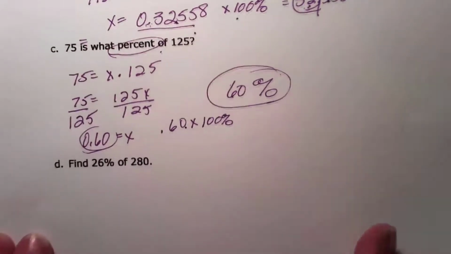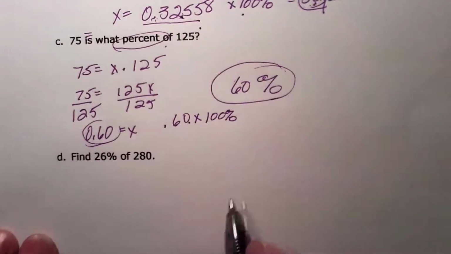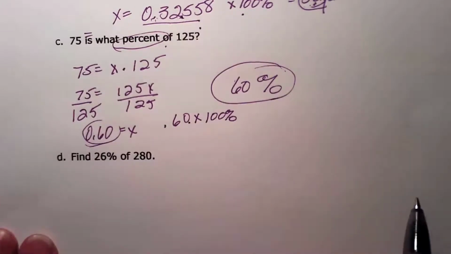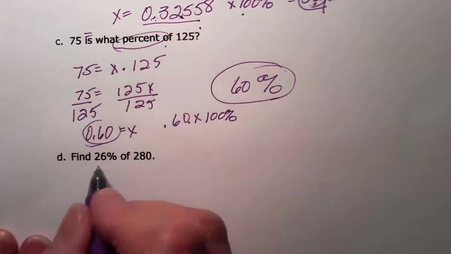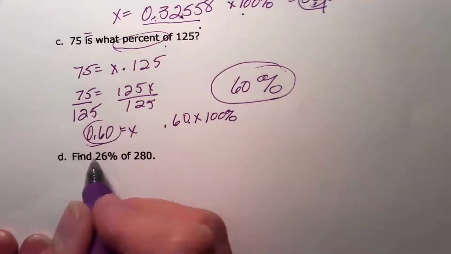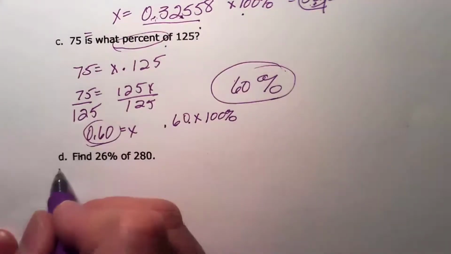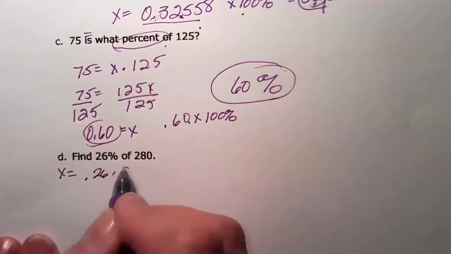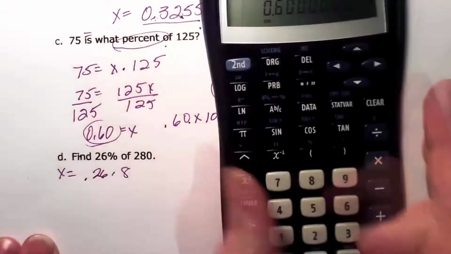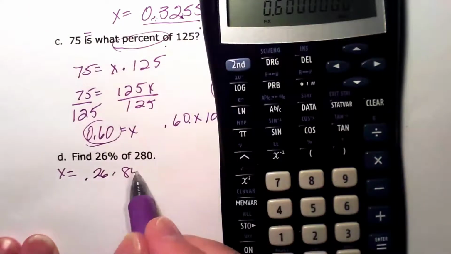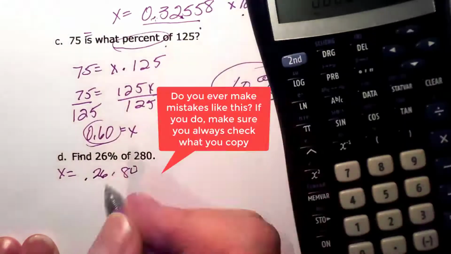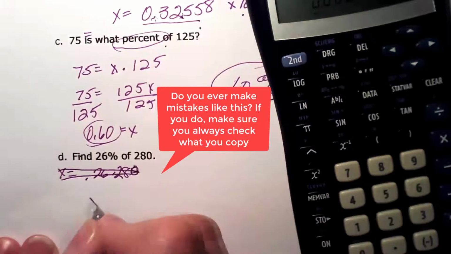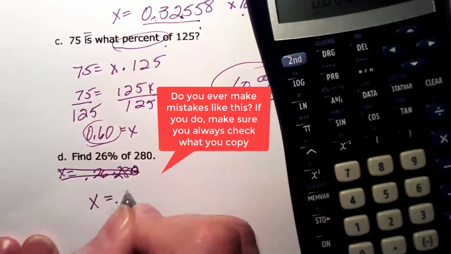This is the last one on this sheet, then there's another sheet. Find 26% of 280. Find means this is going to have to equal something. X is going to equal 26%, so 0.26 of 280. I messed that one up, didn't I? Let's write that over. X equals 26%.